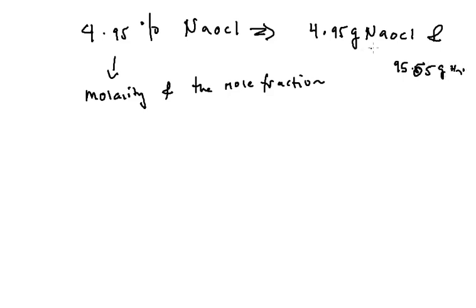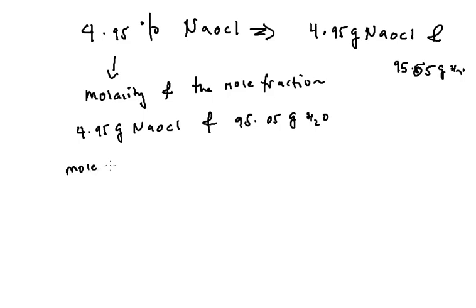You always see that the solute part is less than the solvent part. So we have 4.95 grams of sodium hypochlorite and 95.05 grams of water.